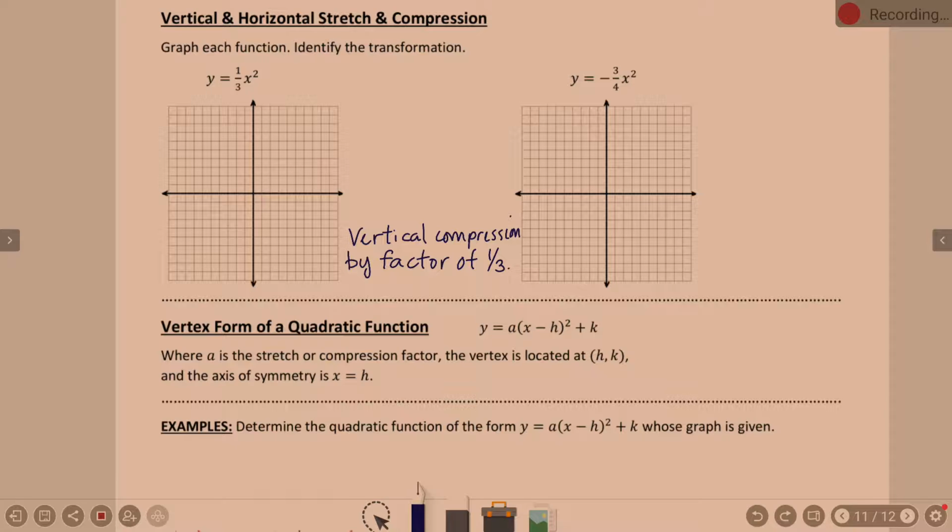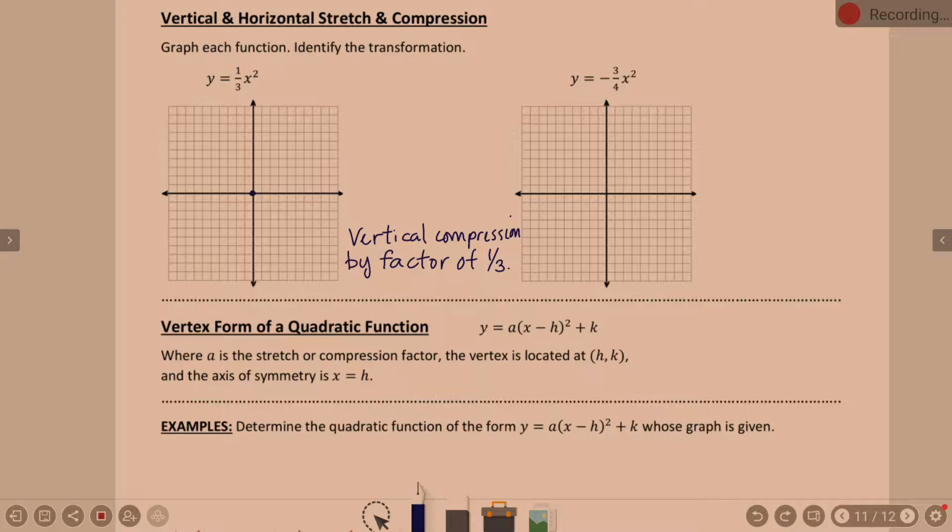Now, where's my vertex? Why maybe 0, 0? There's no other translation. There's nothing telling me left or right. There's nothing telling me up or down. So if there's nothing telling me left or right or up or down, where are we going to expect that vertex to be? 0, 0.